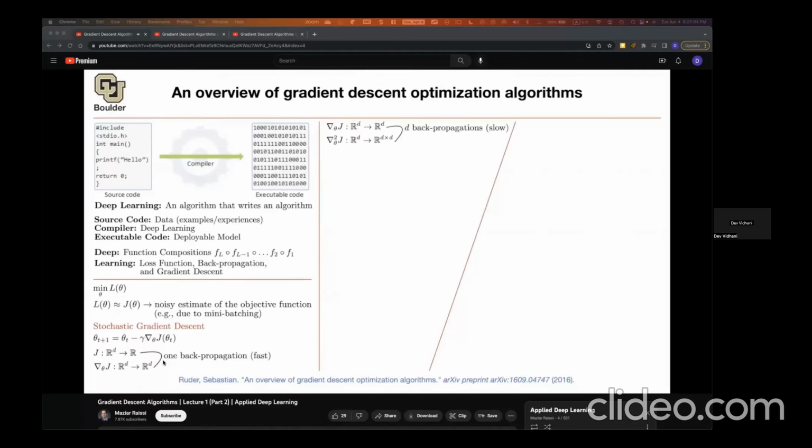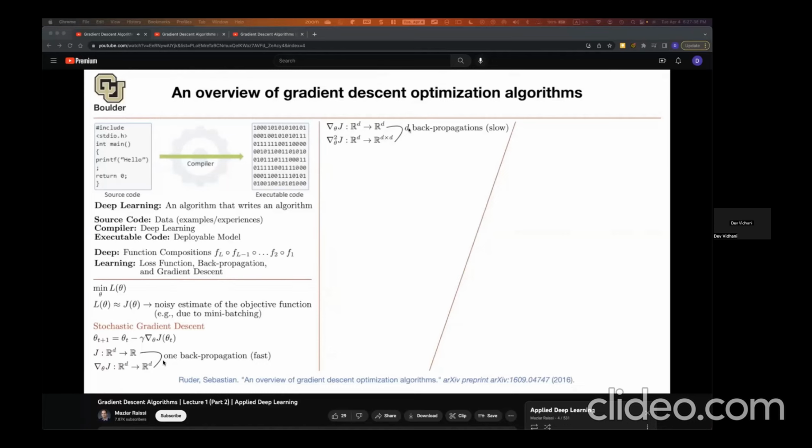If you want to compute the Hessian, which is a function from RD to the matrices, because a Hessian is a matrix, you need to do D iterations of backpropagation. Then that's slow. Computing these J functions, because these are deep and wide neural networks, is expensive, let alone doing it D times, and D is usually in the order of millions of parameters.